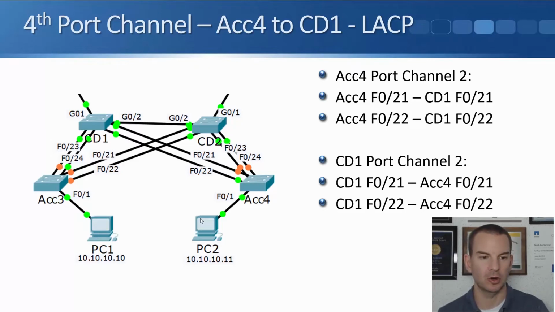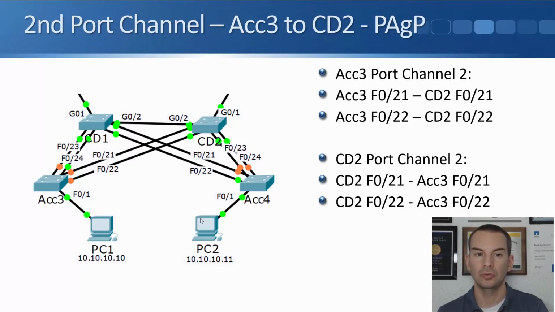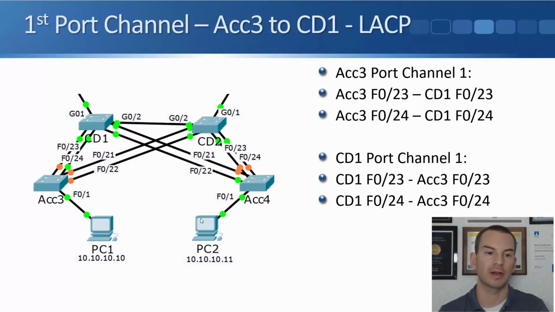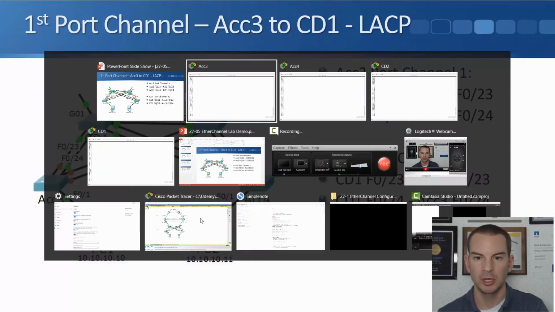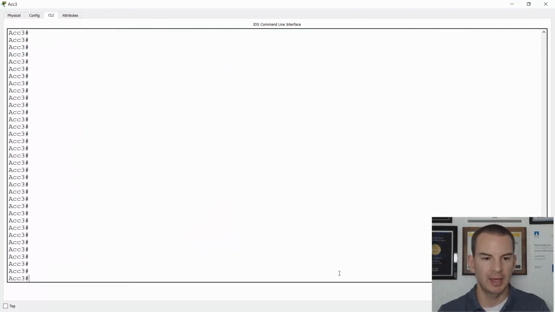So let's start off on our switch access 3. I'll do the first port channel, so that's going to be LACP up to CD1 on interfaces fast 0/23 and 24. So I'll go on to the access 3 switch, if I can find it in here. There it is.